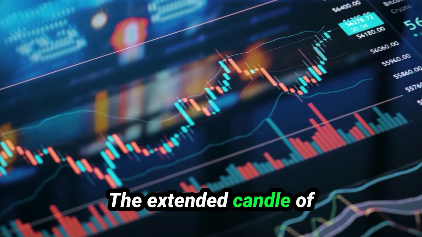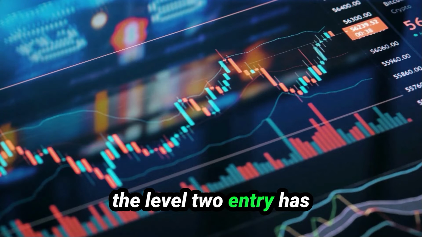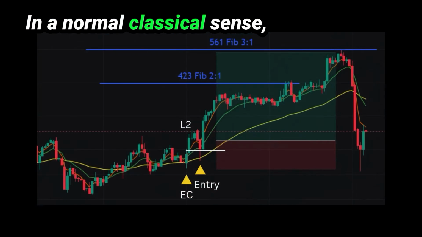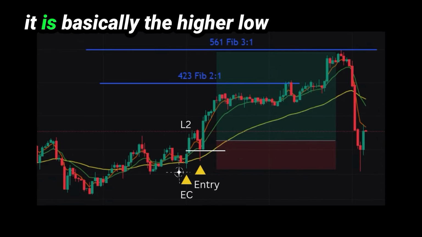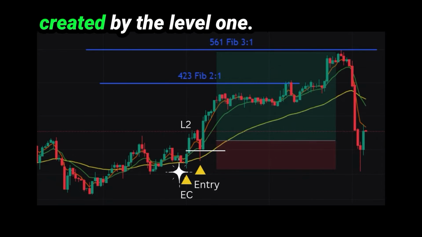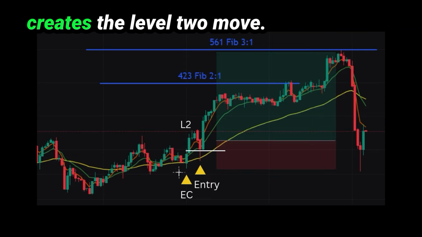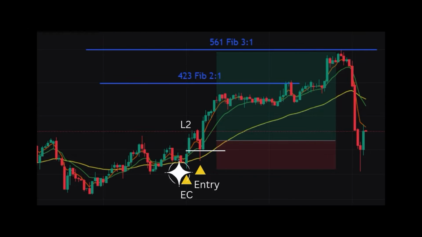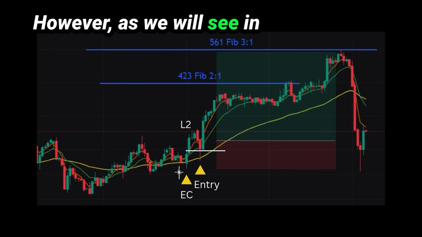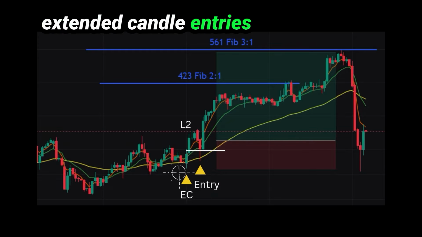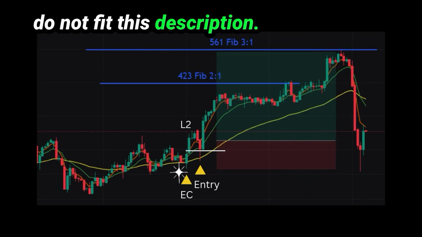The extended candle of the level 2 entry has 2 different variations. In a normal classical sense, it is basically the higher low created by the level 1. It can be the last candle that creates the level 2 move. However, as we will see in the examples, many of these extended candle entries do not fit this description.